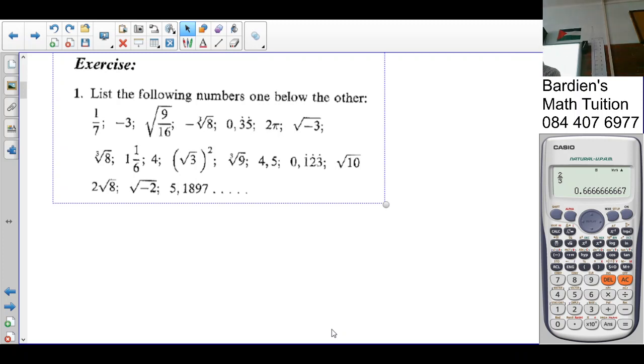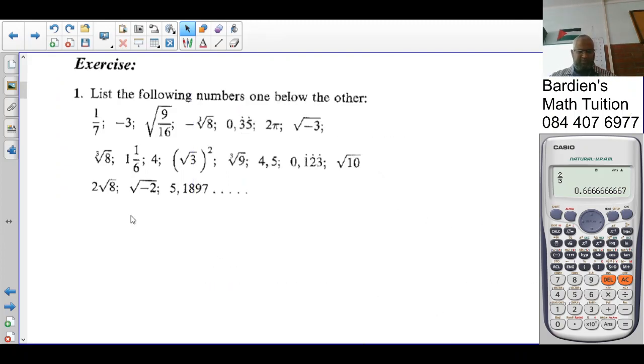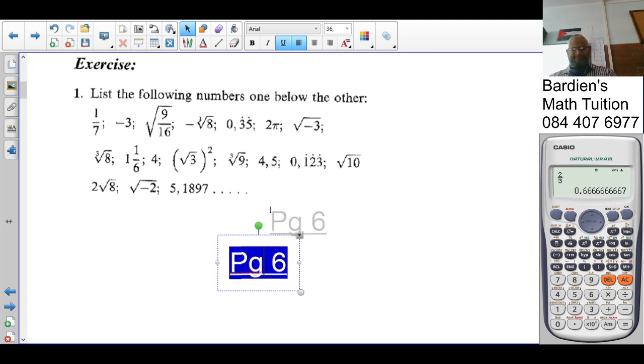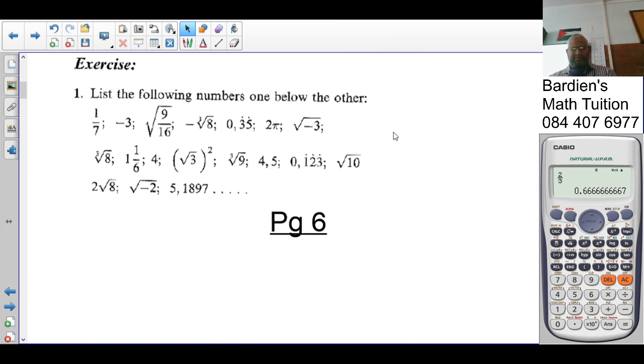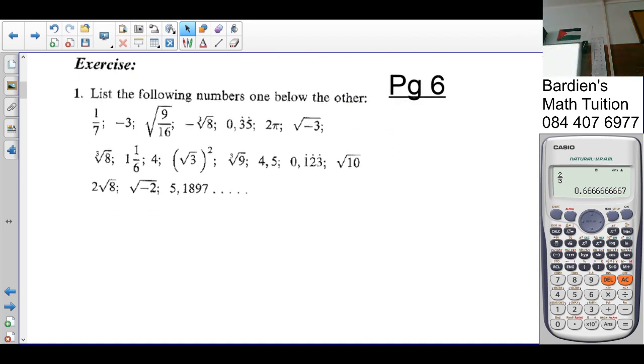It's on page 6. So you're going to draw a table looking like this here.